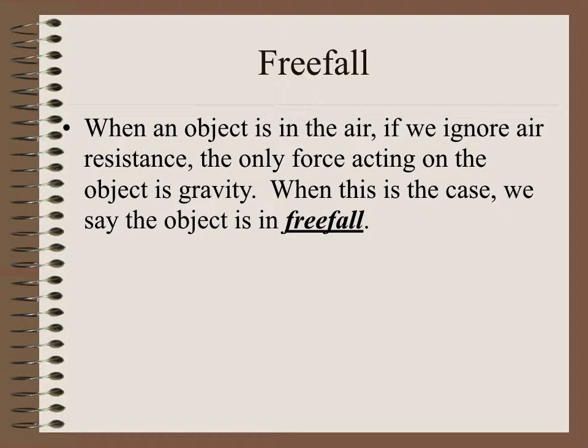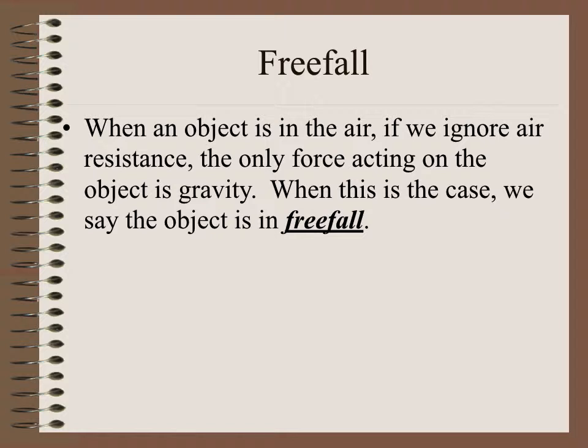Now, free fall can also be a bit deceiving. If we were to throw an object up into the air, a heavy object like a baseball, then as soon as it leaves your hand, the only force acting on the object is gravity. So as soon as the ball leaves your hand, the object is considered to be falling.